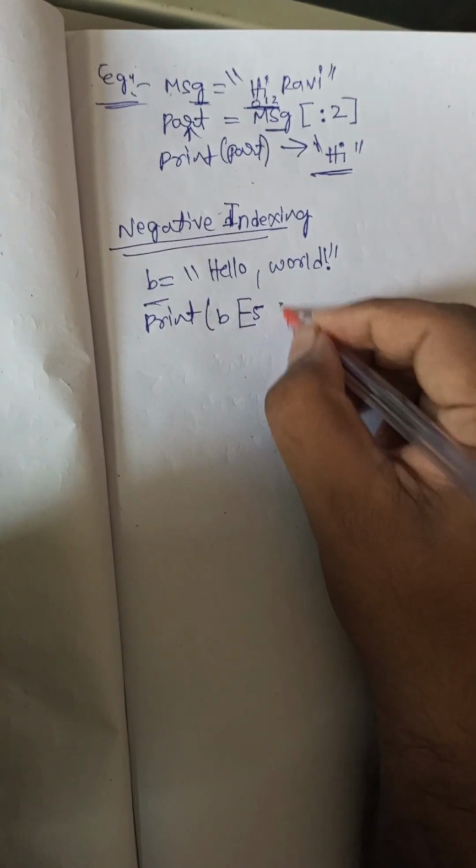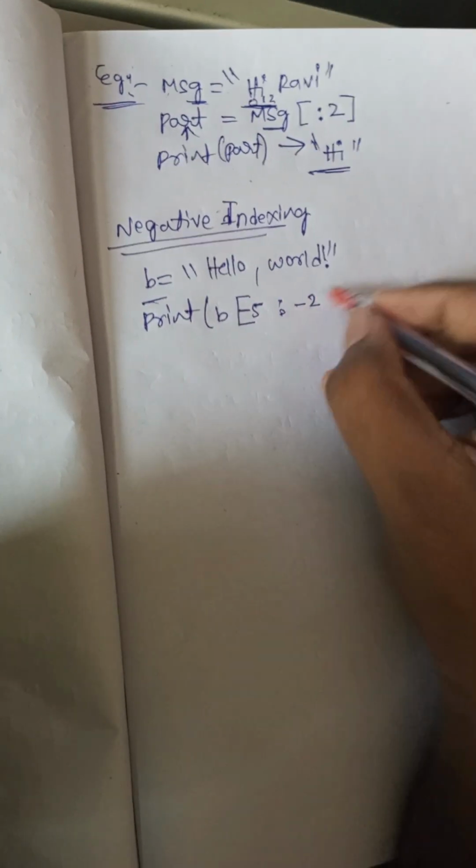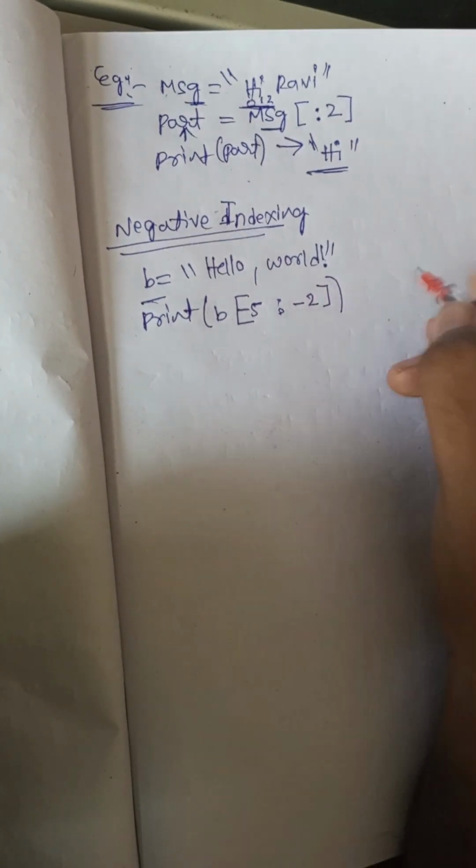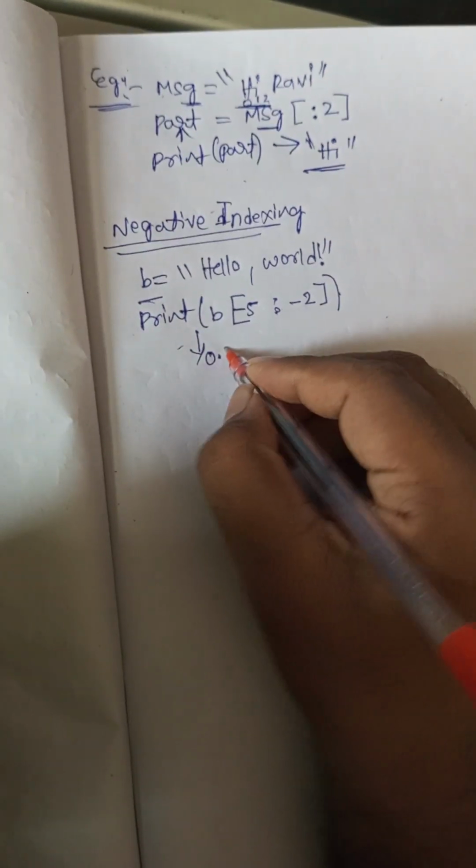I am using print, and this b with square brackets -5 to -2. What should the output be? Anyone guess?